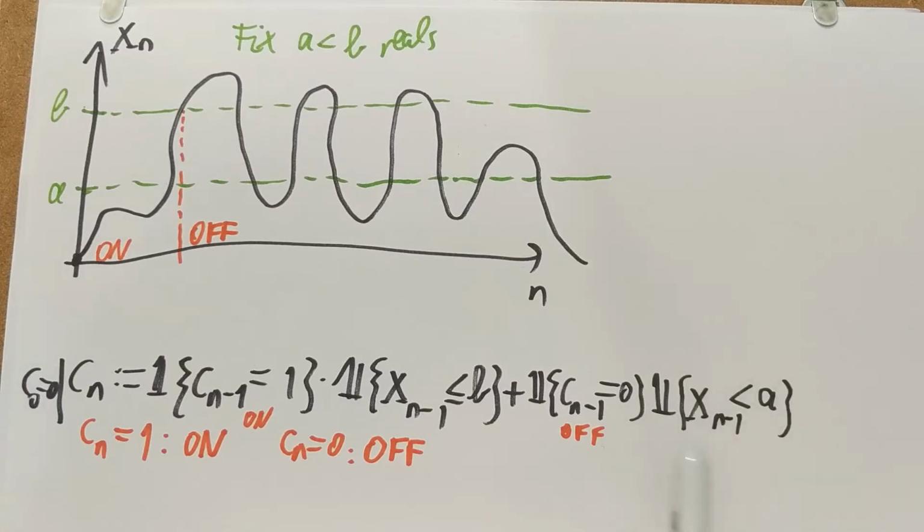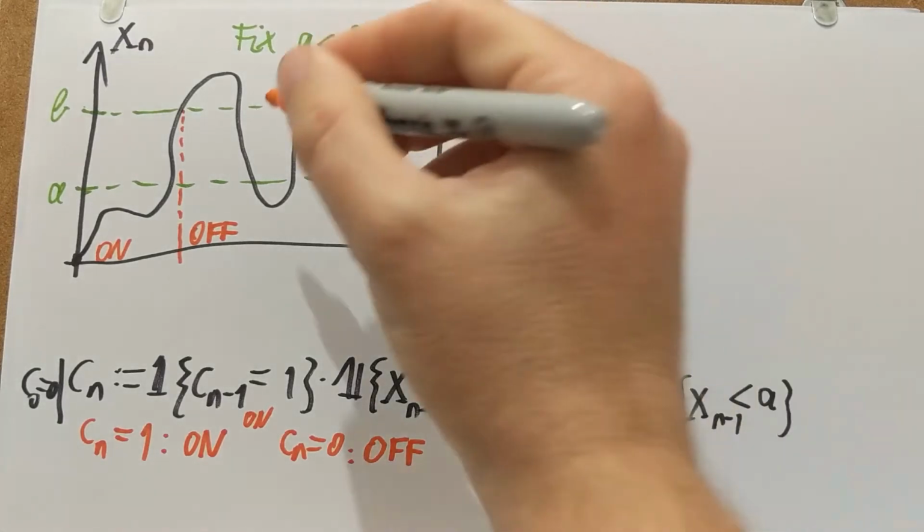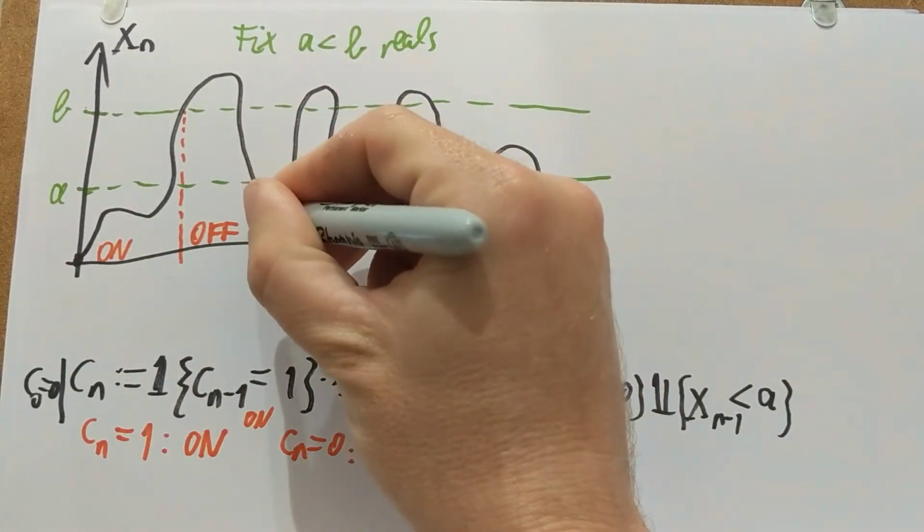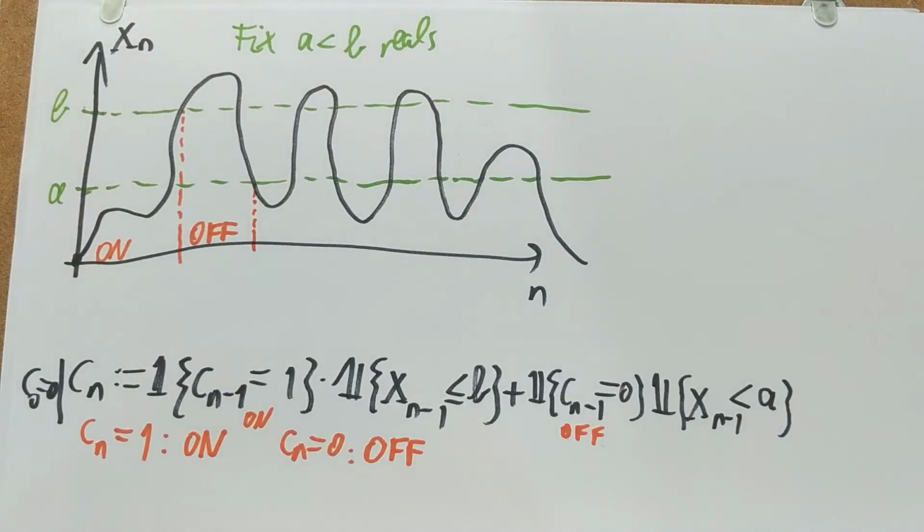As long as my process is above a, it stays off, because this indicator for x larger than a still doesn't give you a contribution. So the thing stays off until x_{n-1} goes strictly below a. So until this point here, it is going to stay off. And then the process repeats.